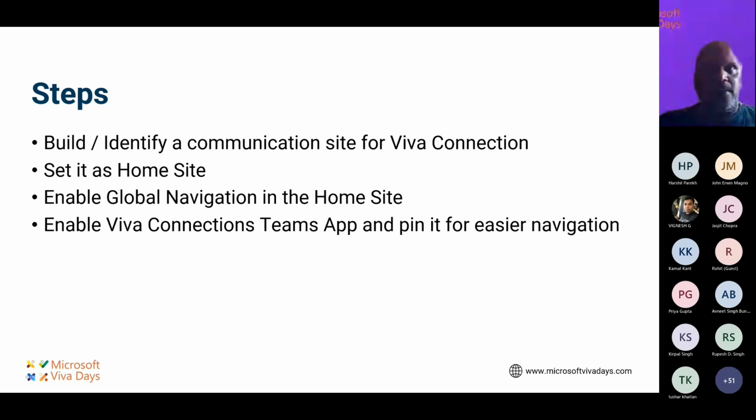That is going to be a home site or the landing page for your intranet, where you will be packing all the required information, resources, and everything. And then you need to set that communication site as a home site, and then you need to enable the global navigation in the home site.